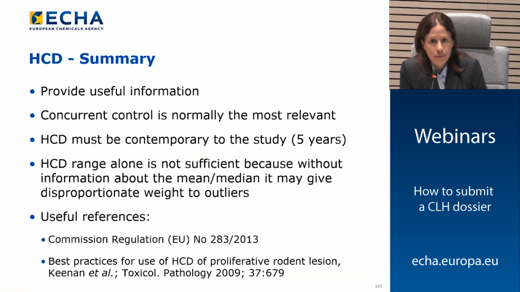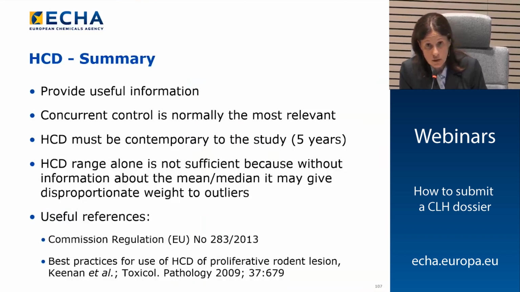So in summary, what can we say about the historical control data? Yes, they do provide useful information. That goes without saying. The concurrent control is normally the most relevant comparator. And please, do check the validity because aberrant controls do happen. The historical control data must be contemporary to the study.